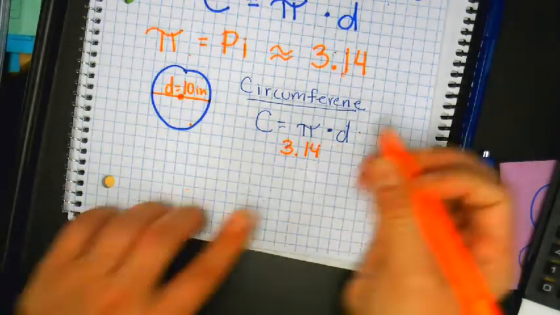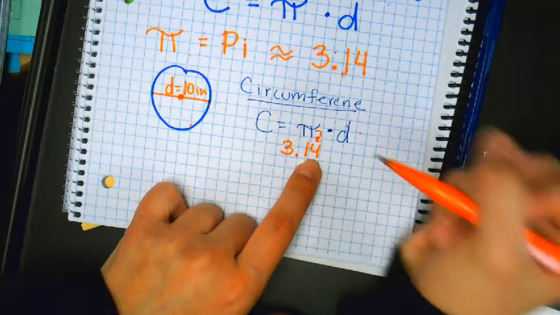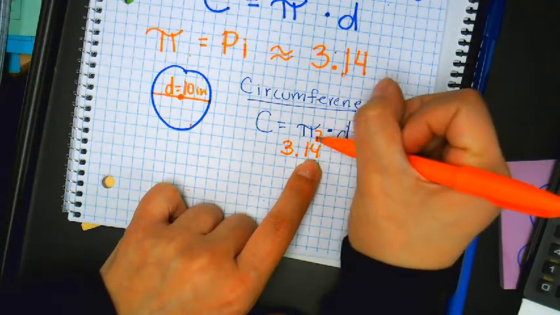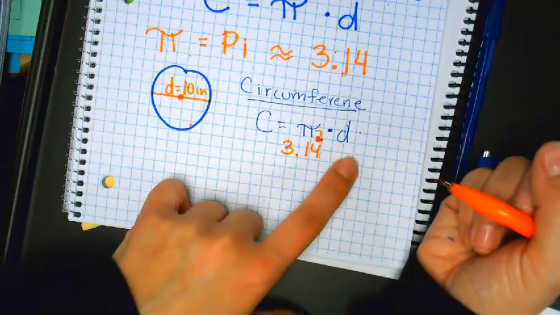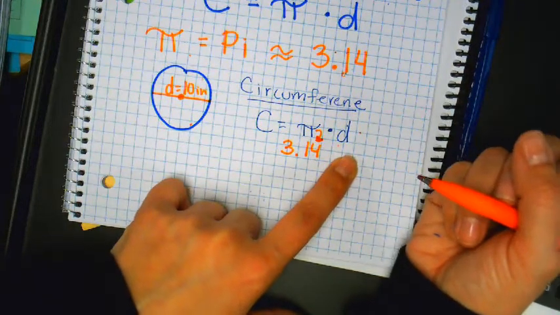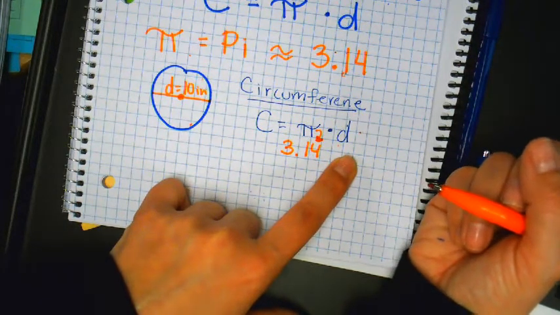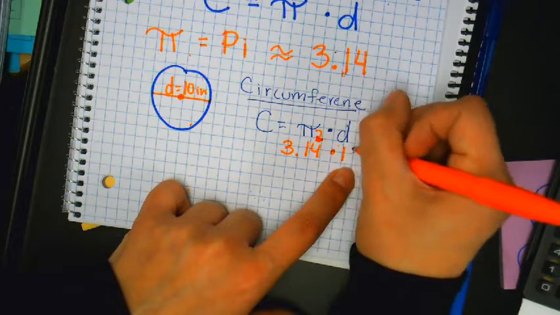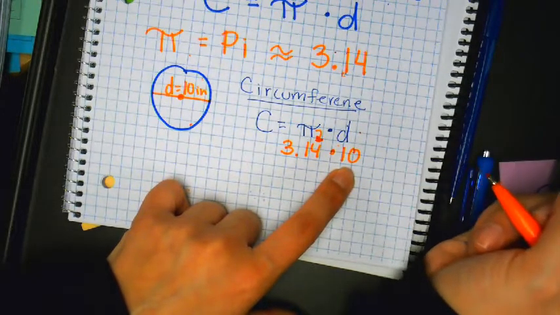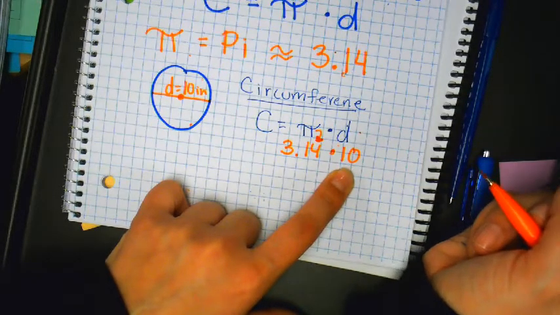So substitute it. Pi is 3.14. I'm going to write this down and show you in your work. What is D, Luis? What are we going to write down for diameter? 10 inches. So times 10. We're writing this down in our notes. It's going to be on your homework, so we have to make sure we write it down.